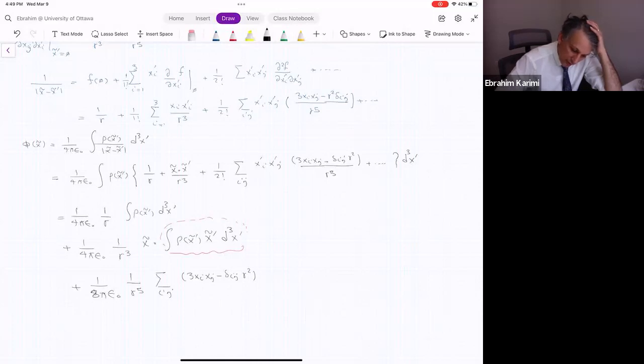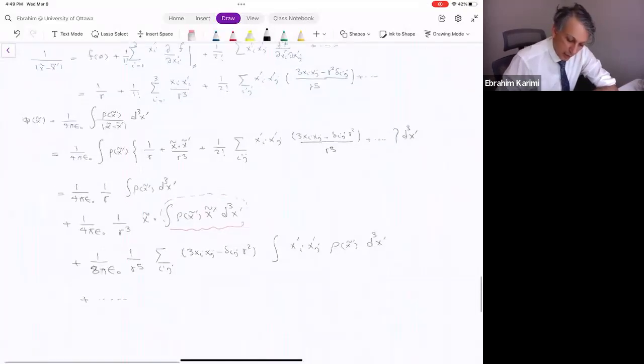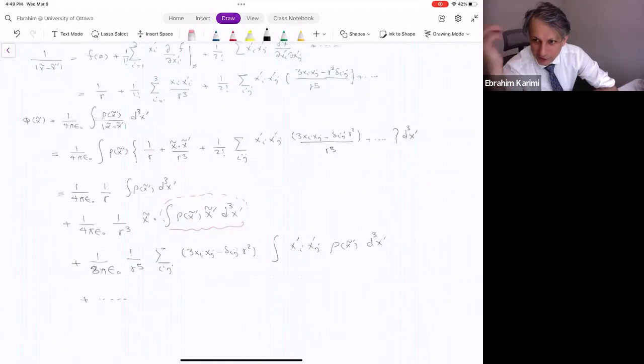Then you do have another integral, which is the integral of x prime i, x prime j, rho of x prime d3 x prime, plus another term, which definitely has x i, x j, x k. So it's 3 indices, and you have to do this summation over all of them.